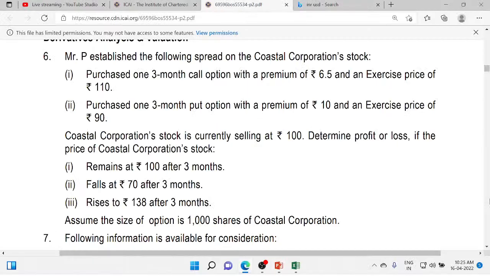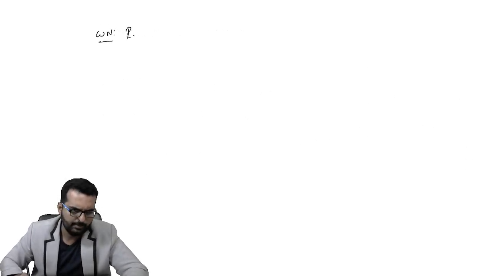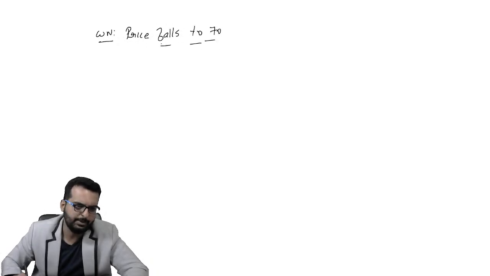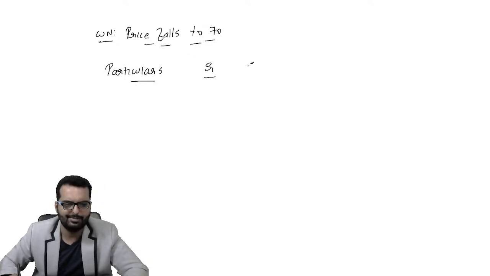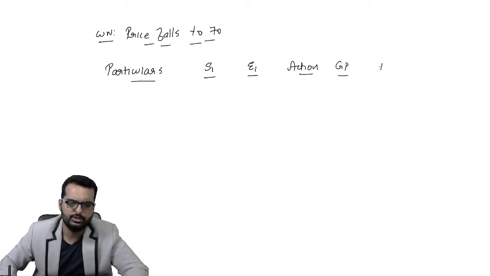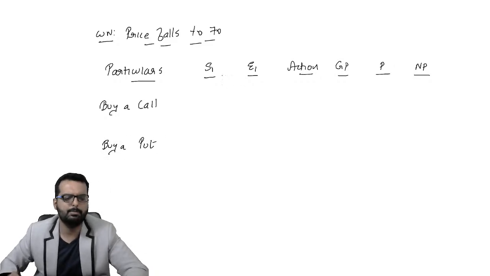So once you understand price remaining at 100, now the remaining two are very easy. Price falling down to 70. Next, I'll write down price falls to 70. So if the price is falling to 70, again I will have the same two steps coming in. Particulars, we have S1, E1, action, GP, premium, net profit. The first step is buy a call, and the second step is buy a put.